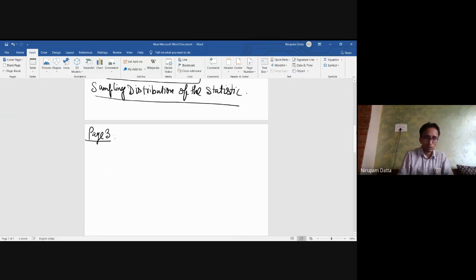Okay. So the mean will be given by what? Expected value of t. So this will be summed over all the values of t: 1 by k summation t_i, i equal to 1 to k.